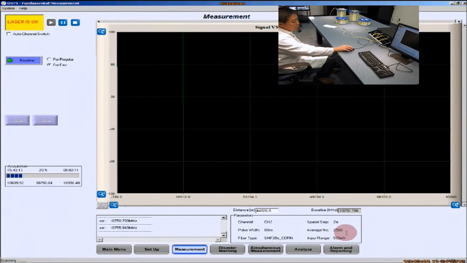Now, fast measurement isn't necessarily as accurate as normal measurement, but the trade-off is you get a response in a much shorter period of time. The initial baseline measurement that we take is as long as what normal baseline measurements take. You initially spend the time to get an accurate baseline reading.